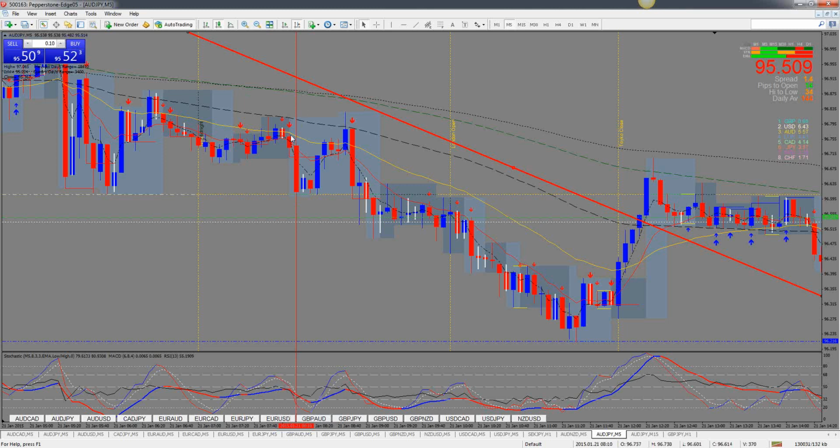Second indication is you got a signal. Third indication is RSI is below 50. Fourth indication is your stochastics has come down off the 80, and it's coming down. Your fourth confirmation. 1, 2, 3, 4.